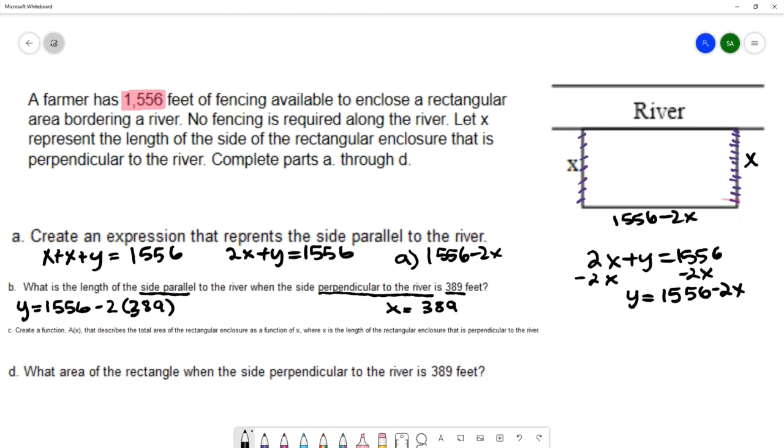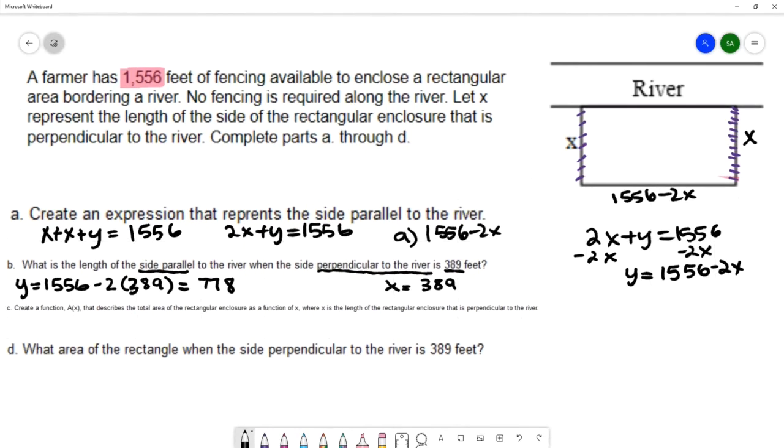I'll use my calculator to work that out. 1,556 minus 2 times 389 is going to give 778. And this would be in feet.